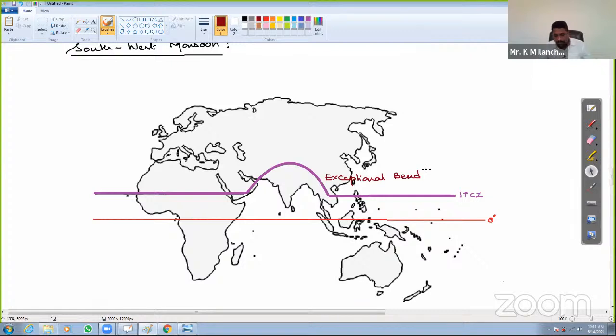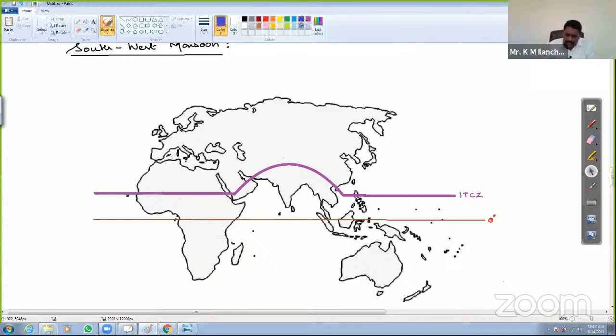Okay, in that regard, as somebody said, southeastern and northeastern trade are the ones which are actually converging here with this ITCZ.